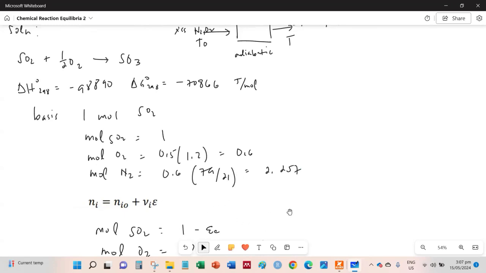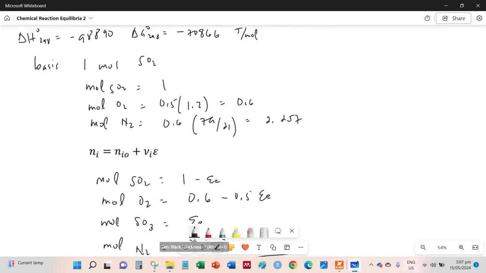So these are the reactants. So I write here reactants. Initial reactants, and these are the products.